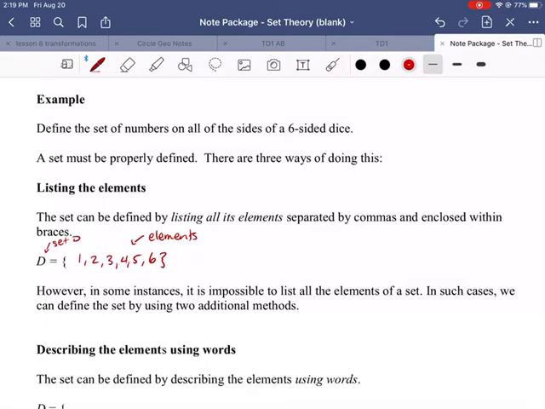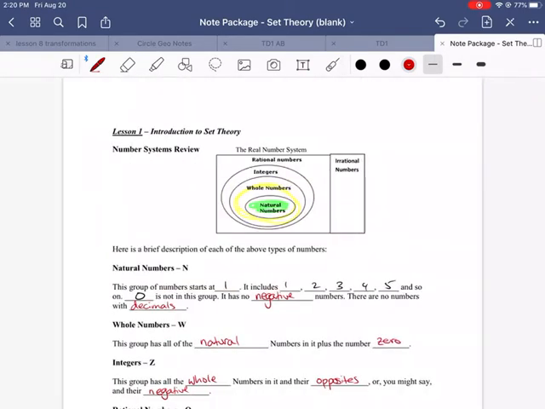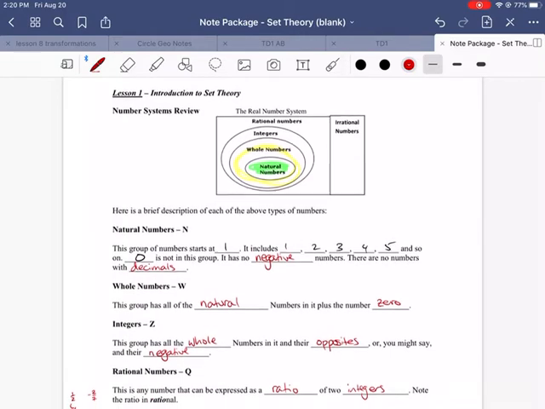In some instances, it's possible to list all the elements of a set. In others, it's impossible to list all the elements of a set. And we can define the set using some additional methods. So we can do it using words. So if we think about 1, 2, 3, 4, 5, and 6, let's go back to our number system here. Where are 1, 2, 3, 4, 5, and 6 going to be a part of? Well, they're the natural numbers.